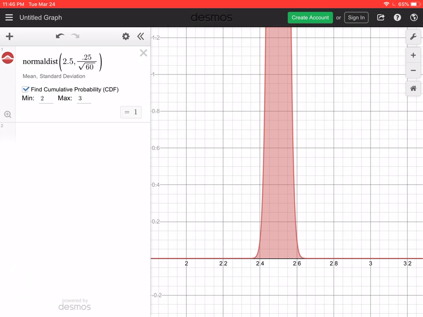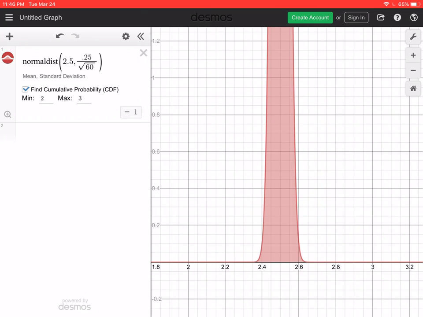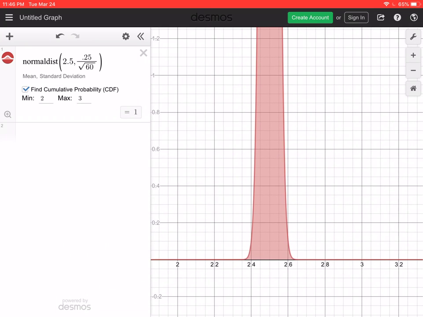Technically speaking, this normal curve will not hit the x-axis. So when Desmos says the area is 1, it's not exactly 1, but incredibly close. It's probably 0.9999999, something like that, and Desmos doesn't recognize the difference.